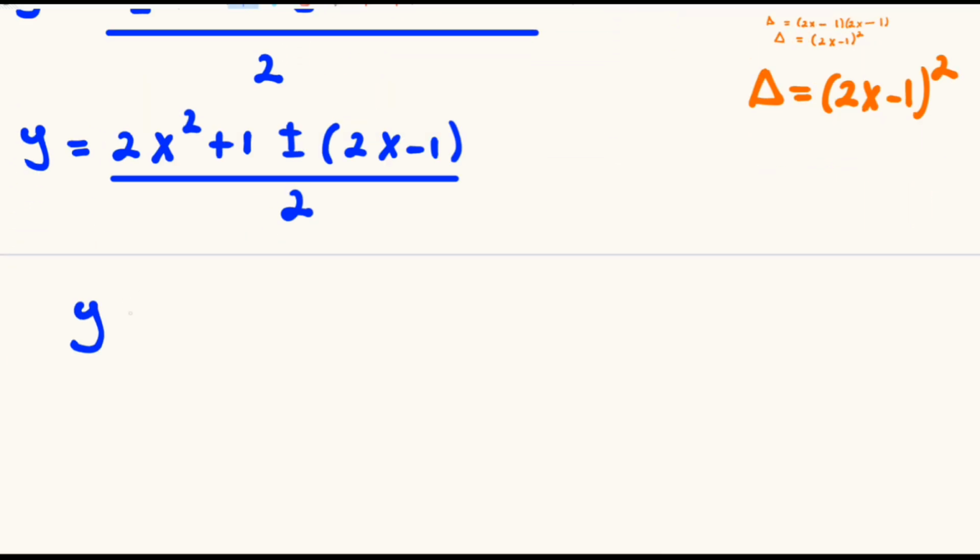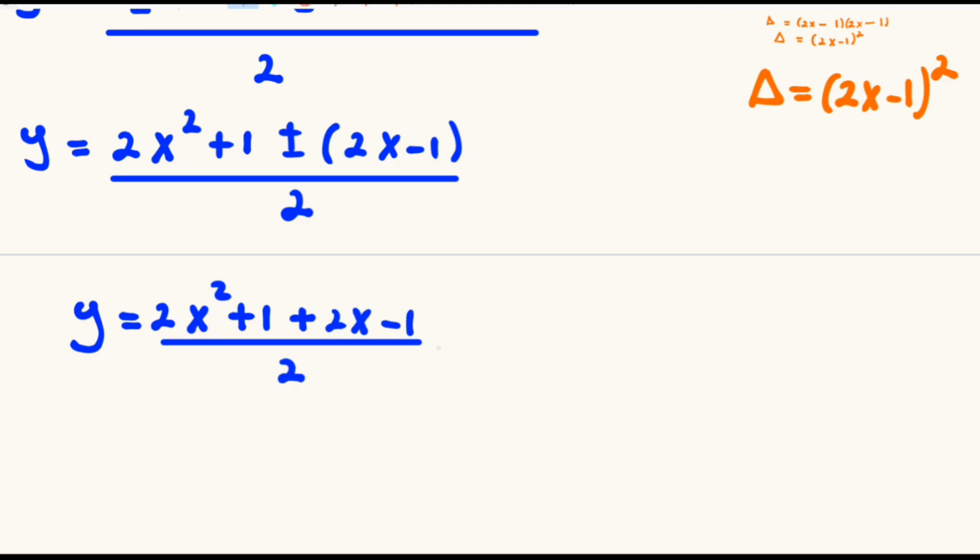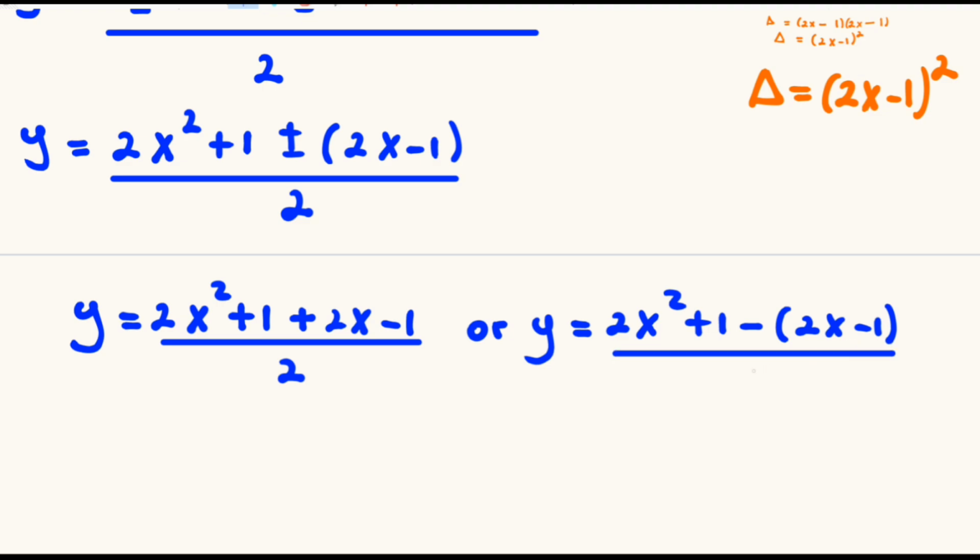Our y from the positive side will be equal to 2x squared plus 1 plus the 2x minus 1, divided by 2, or our y will be equal to 2x squared plus 1, and this is from the negative side, and this is divided by 2.